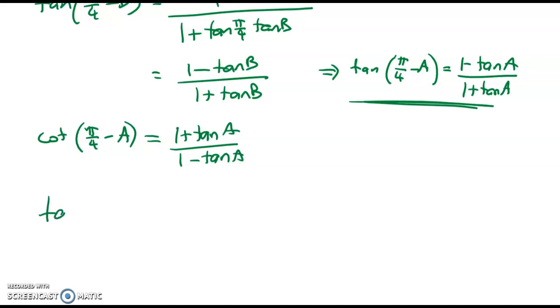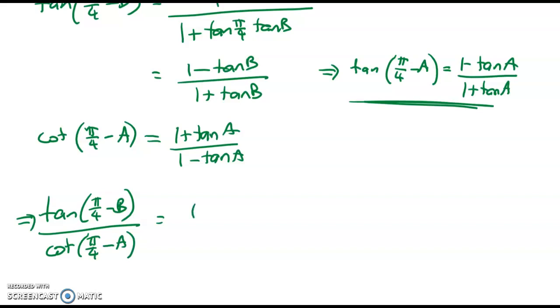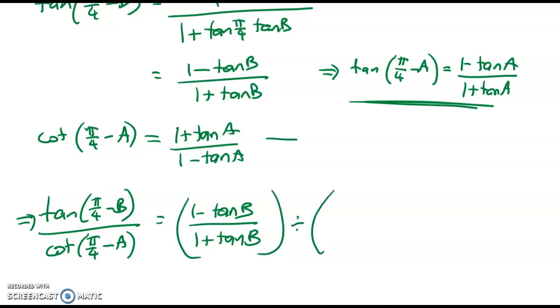In here, we've got this tan of pi on 4 minus b over cot of pi on 4 minus a is going to be 1 minus tan b over 1 plus tan b divided by this thing here, 1 plus tan a over 1 minus tan a.